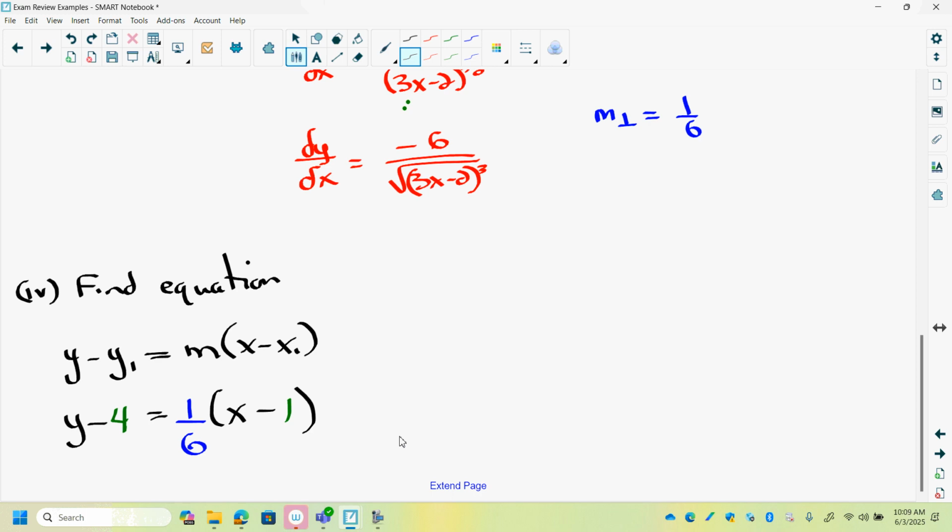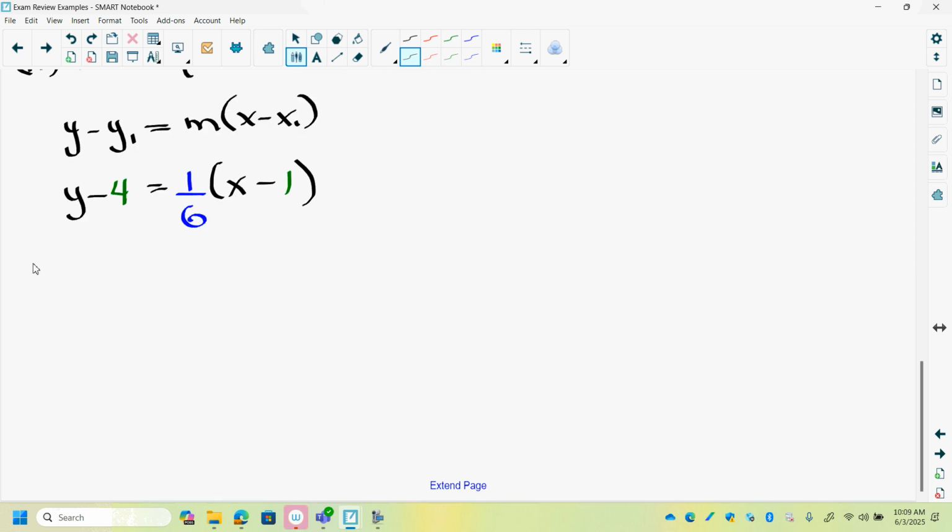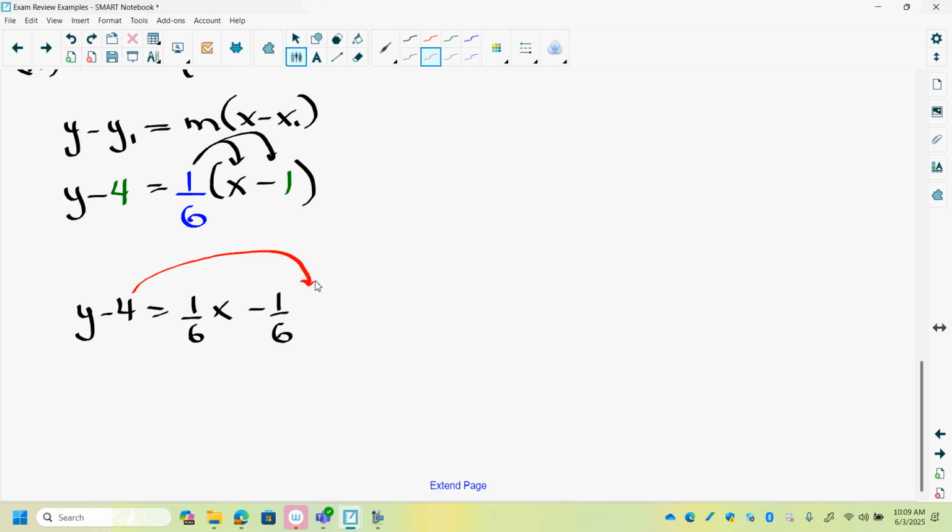Now the textbook usually writes these in general form. I was okay with you writing them in slope-intercept form. To put it in slope-intercept form, we would go y minus 4 equals 1/6 x minus 1/6. And if I move this over and I add 4, this would become y equals 1 over 6 times x.